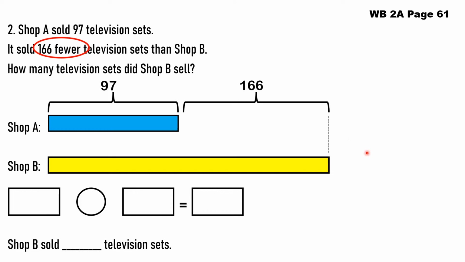So we see that it is this long, which means 97 you add with 166 to get 263. You have to understand the question, especially the second sentence where it says shop A sold 166 fewer than shop B. Lagi sedikit daripada shop B.